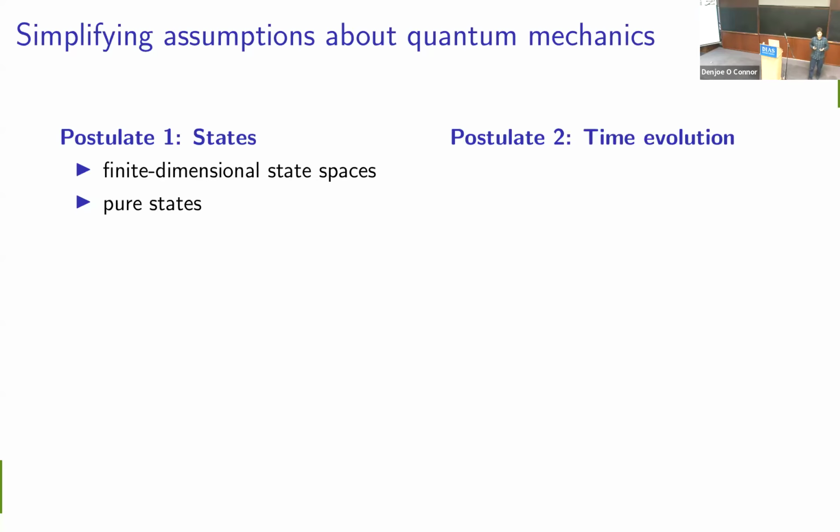Then for the time evolution, in general in the quantum world, our systems develop according to some Hamiltonian. But in quantum computing, we usually assume, at least to a first approximation, that our systems are closed, and so our evolution is unitary. And again, that means that we can use linear algebra to represent our transformations.